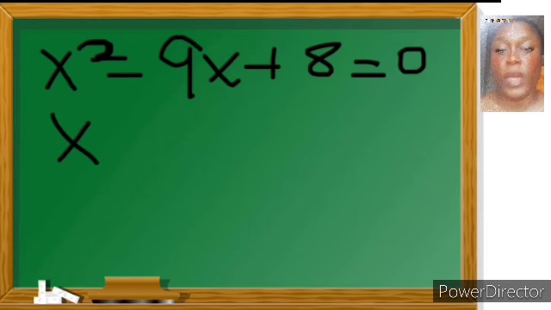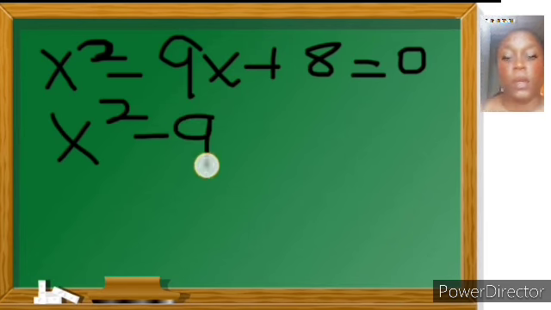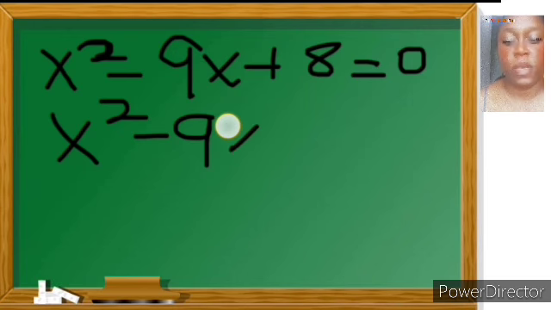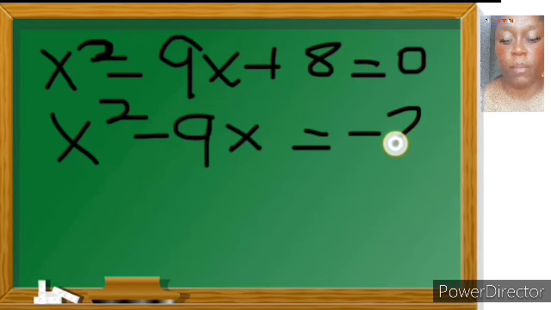We'll move 8 to the other side of the equation, which will give us x squared minus 9x equal to minus 8.